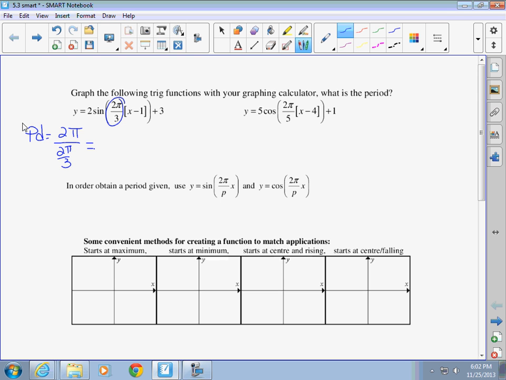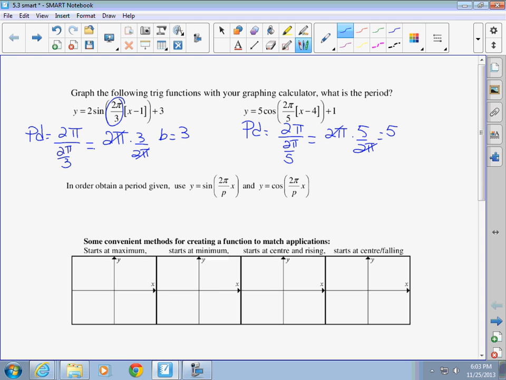So if I finish my calculation here, this is 2 pi times 3 over 2 pi. So my period would be a 3. For the cos graph, 2 pi over 5, so period is equal to 2 pi over 2 pi over 5, which means this is 2 pi times 5 over 2 pi. So that means your period is a 5. So the first one should have given me a period of 3, and the second one, the cos graph, gives me a period of 5.